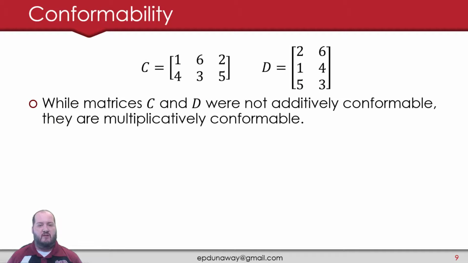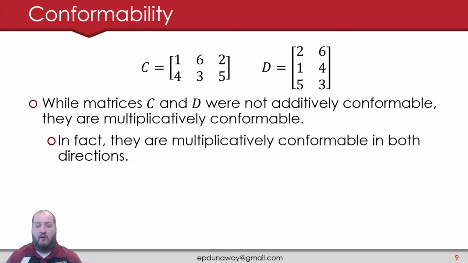Let's go on to matrix C and D. Remember, they were not additively conformable, but they are multiplicatively conformable. And furthermore, they're actually multiplicatively conformable in both directions. Now, this won't always happen. A lot of times when dealing with matrices that are multiplicatively conformable, they'll only be conformable in one direction. But we have a special case here where they're multiplicatively conformable in both directions.